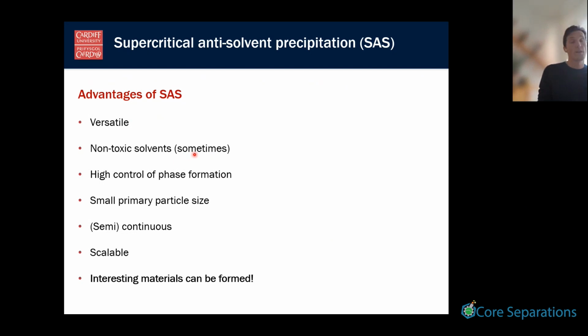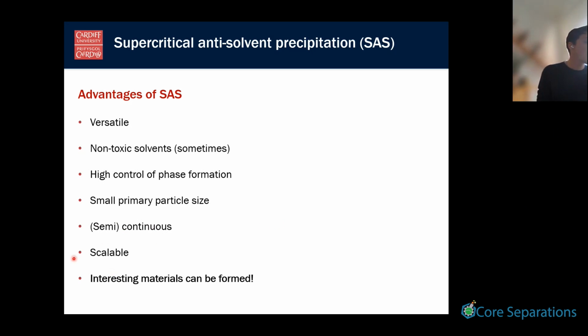And we can also avoid using nitrate and chloride precursors, which can be very harmful, in favor of some organic precursors, which are not as bad. As I'll hopefully demonstrate, we can have high control of the different phases that are forming. We can form very small primary particle sizes, which can lead to very high specific surface areas. And we can run it in a continuous or semi-continuous mode.